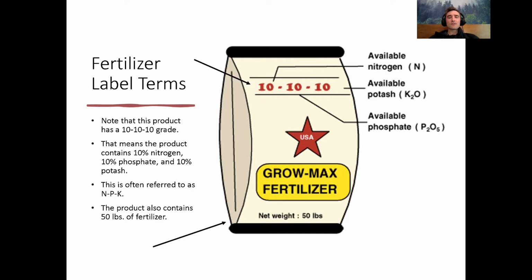So notice the grade here is 10, 10, 10. What that means is that the product, the bag itself, contains 10% nitrogen, 10% phosphate, and 10% potash.